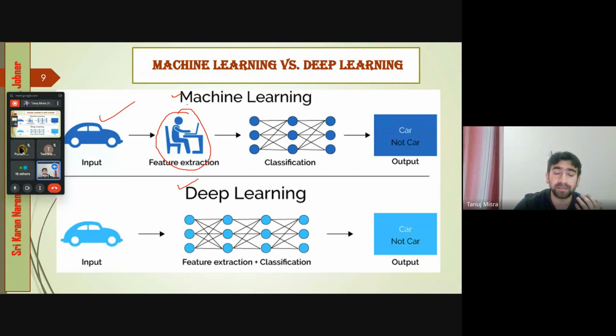In machine learning technique, actually, we have to define the features. Suppose from an image we want to study the condition of a tomato, whether it is ripe or not. So it is color based. So we have to give the color features as input to learn the features.